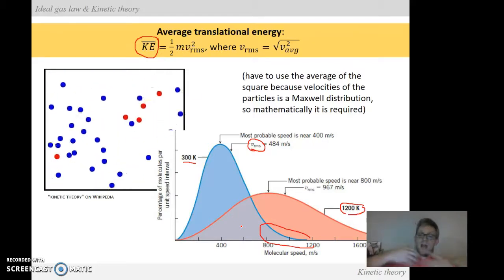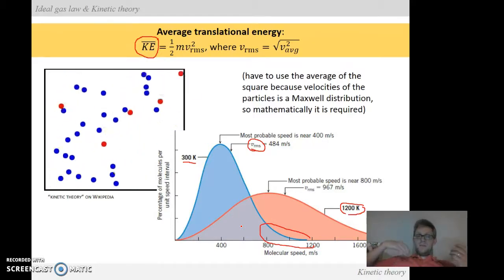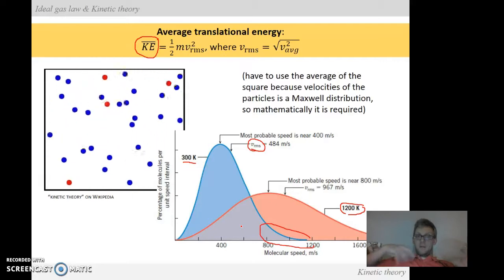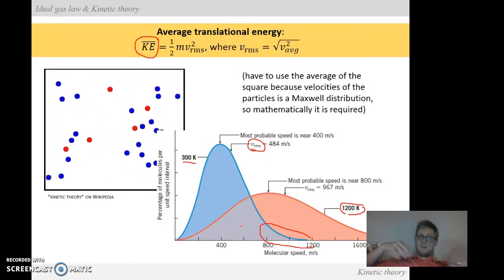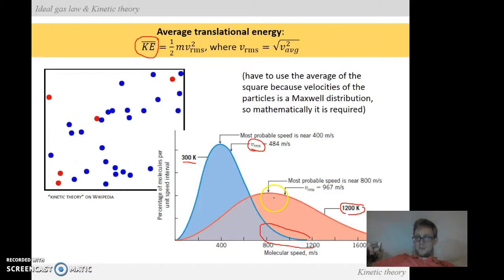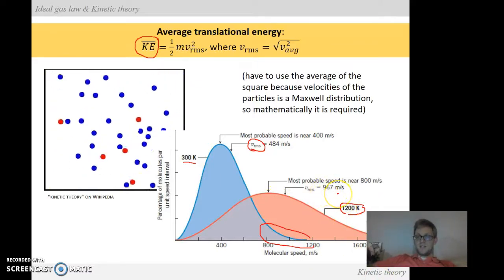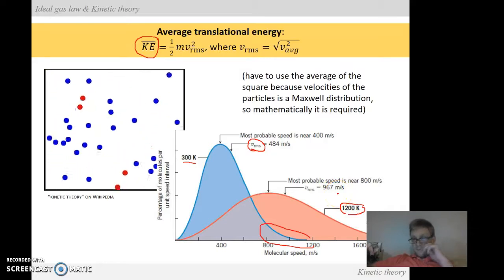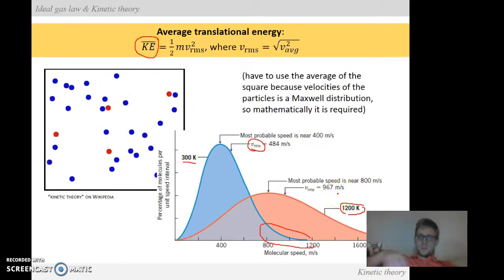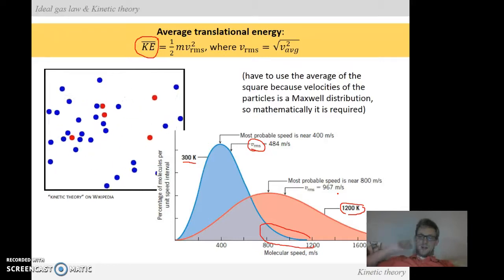With higher temperature, the average speed of the particles is greater. So we're up to a root mean squared velocity of 967, twice the speed that we were at 300 Kelvin.